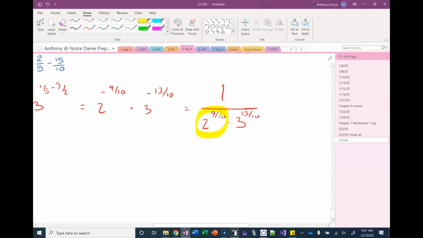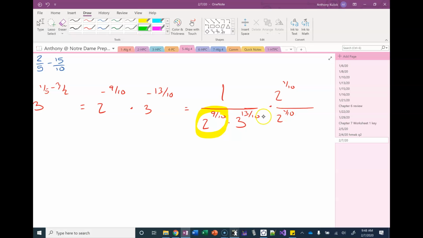I want to take 2 to the 9/10 and turn it into 2 to the 1st. What do I need to multiply 2 to the 9/10 by to turn it into 2 to the 1st? 2 to the 1/10. Everybody agree with that? So I'm going to do that to the numerator and denominator.